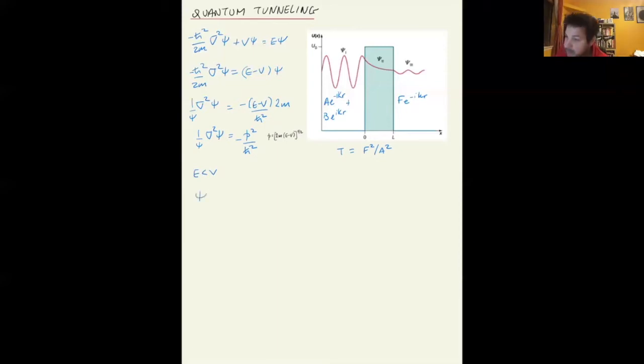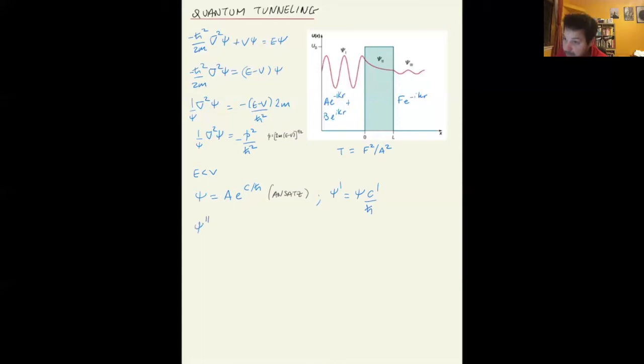We can use an ansatz for the wave function. Let's give it an amplitude and an exponential to the power of c over h bar. So if that is the wave function, then the derivative of the wave function is the wave function times c prime over h bar by the chain rule.